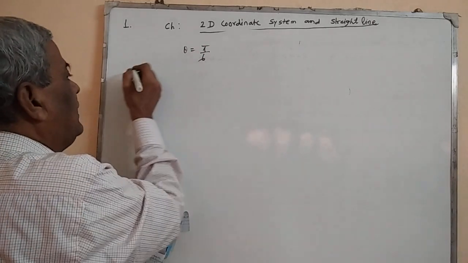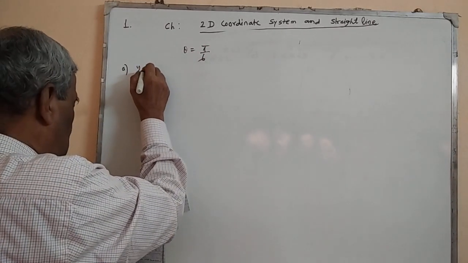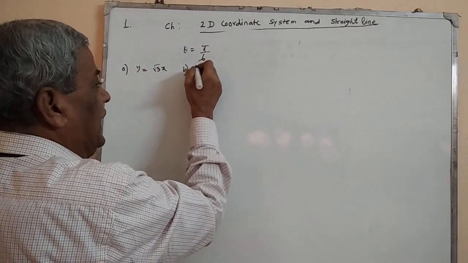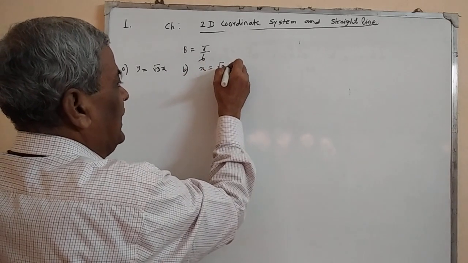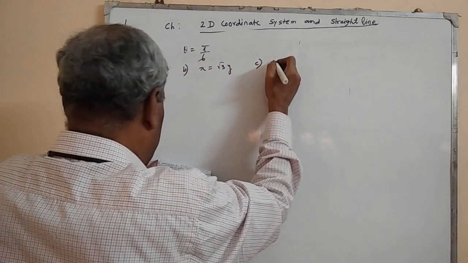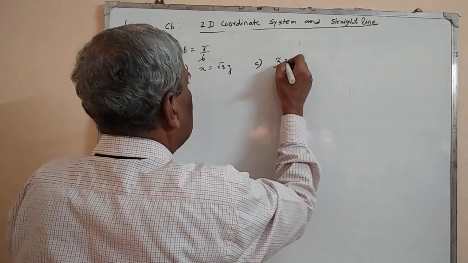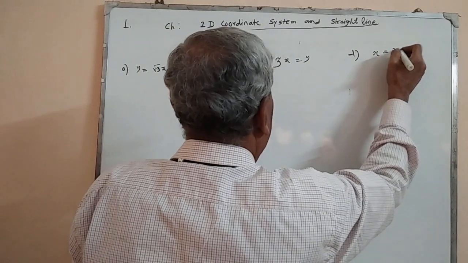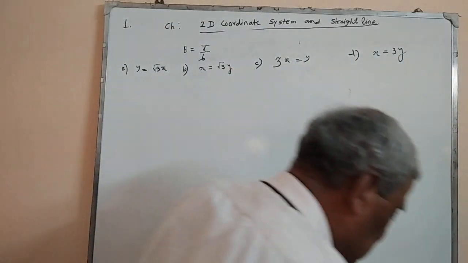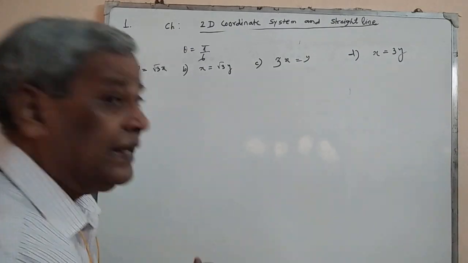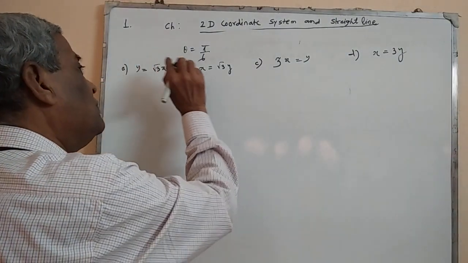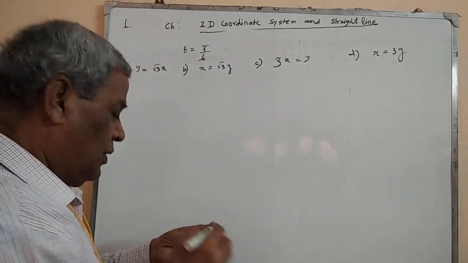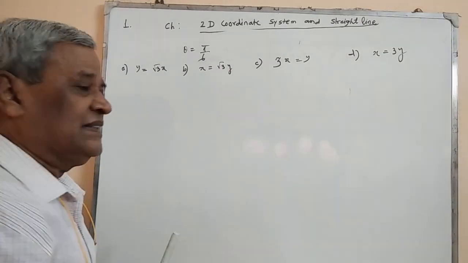Options: A, y is equal to root 3 x; B, x is equal to root 3 y; C, 3x is equal to y; D, x is equal to 3y. So the problem is the Cartesian form of this polar equation, theta is equal to pi by 6.